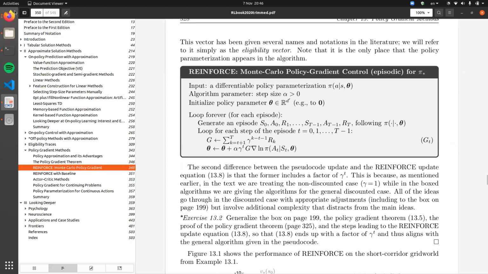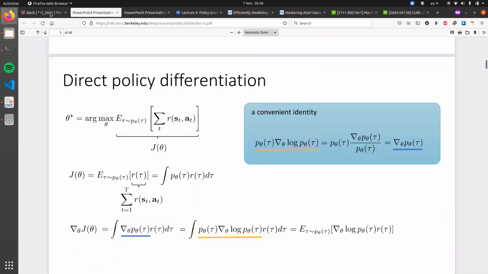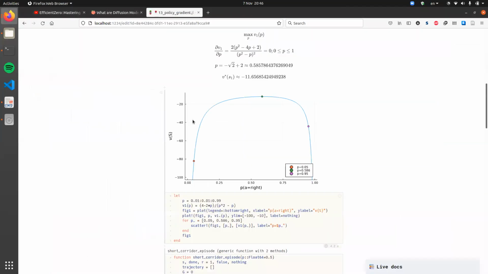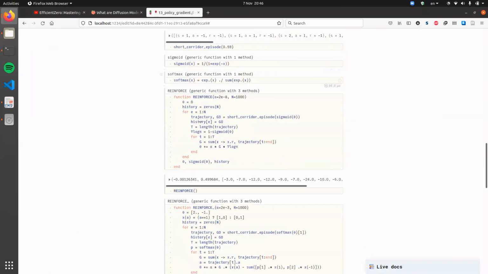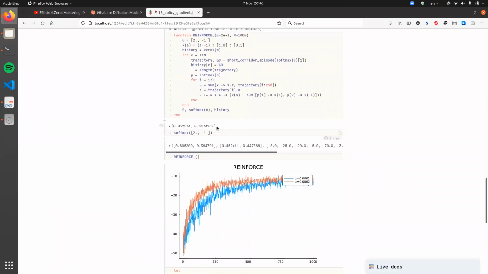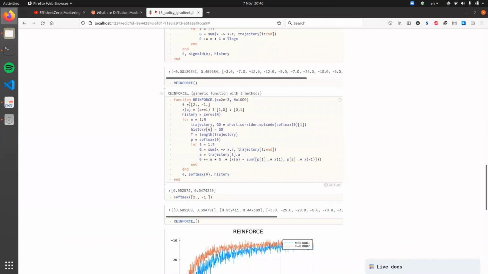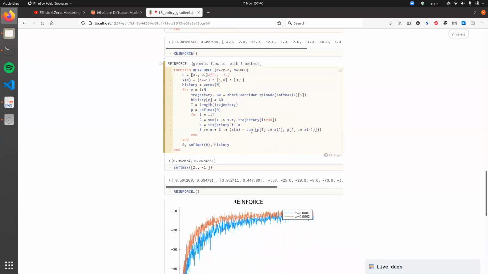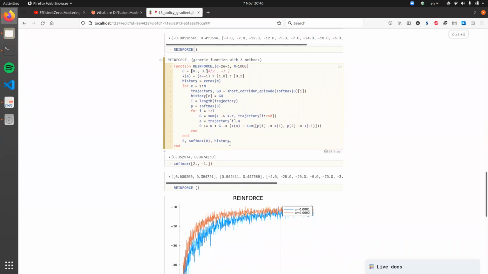Let me maybe get to the code. I should have it somewhere around here. So by selecting the starting value for theta to be 0, 0, as we usually did in our experiments, we will get something that is already quite close to the optimal policy.